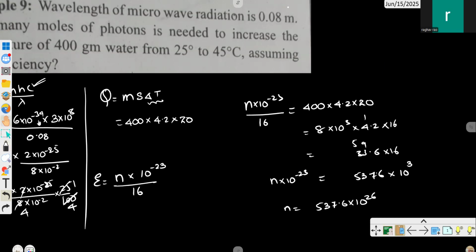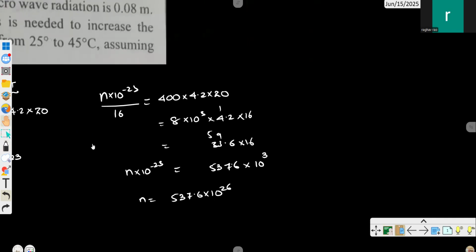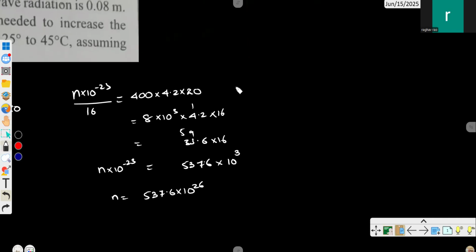But he asked how many moles of photons are required. He didn't ask the number of photons. He asked how many moles of photons are required. So we know that 1 mole of anything is 6 into 10 power 23, which is Avogadro's number, approximately 6.023 into 10 power 23, but let us take it as 6 into 10 power 23. Now the photons we have are 537.6 into 10 power 26.